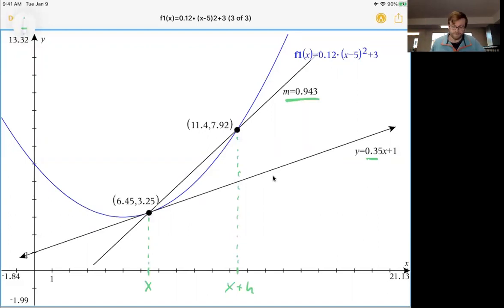And what we want is to move this down. You can think of it as trying to get smaller and smaller values of h, right?